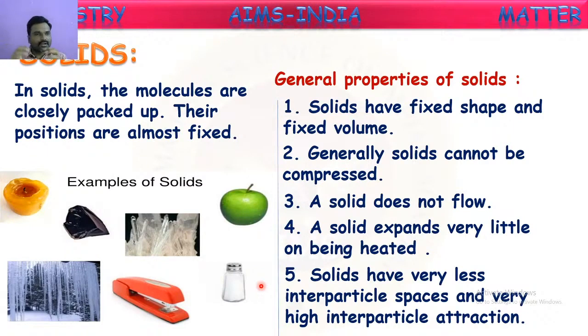These molecules are tightly arranged in solids, meaning there are no gaps between them. Interparticle space means the distance between adjacent molecules, also called intermolecular space. In solids, as the molecules are very close to each other, the distance between them is very small. So interparticle spaces are very small in solids.